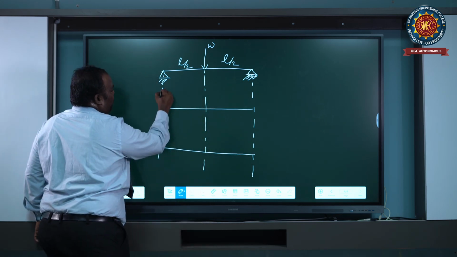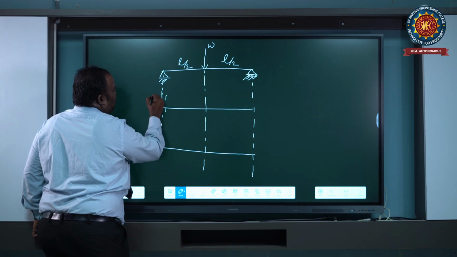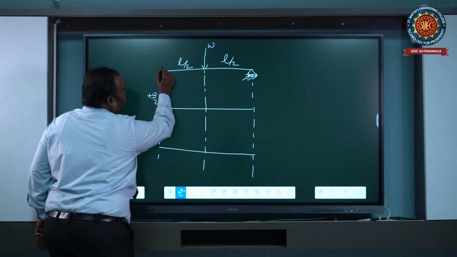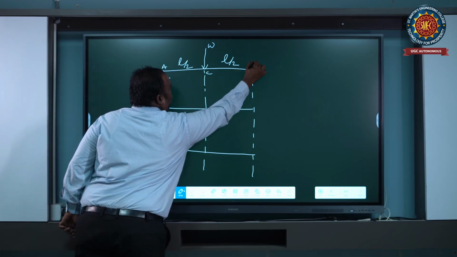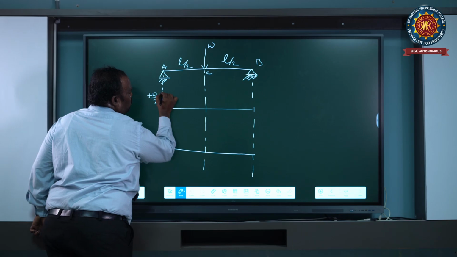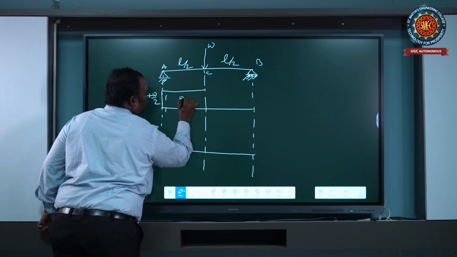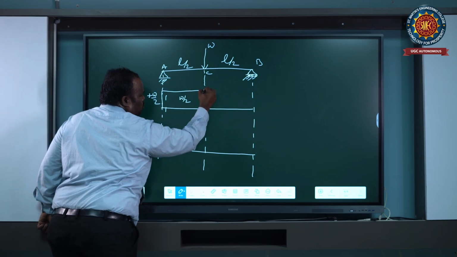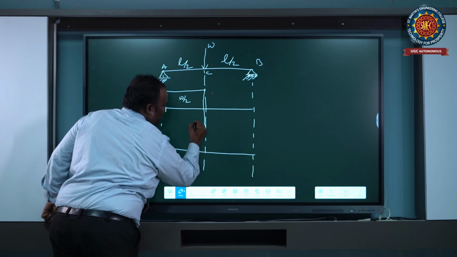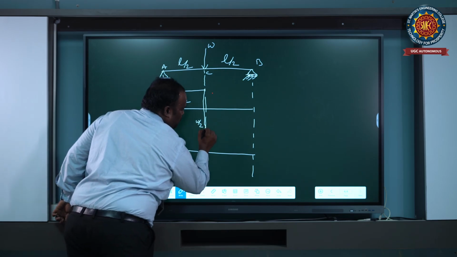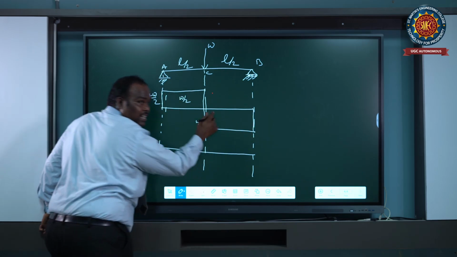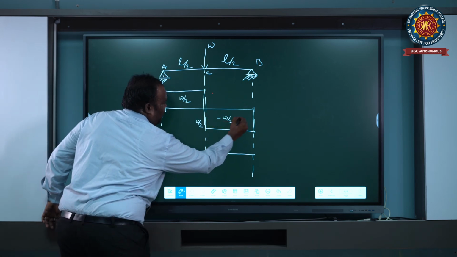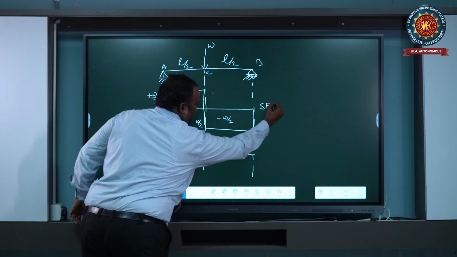At point A, we have shear force W by 2. Next, from A to C there is no load, so constant plus W by 2. At point C, we have W loading, so total W minus W by 2 here. From C to B is also constant, so minus W by 2. This is the shear force diagram, SFD.